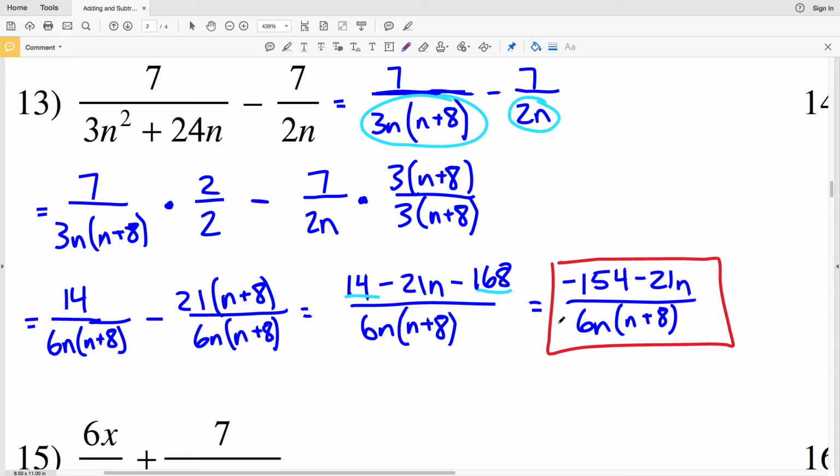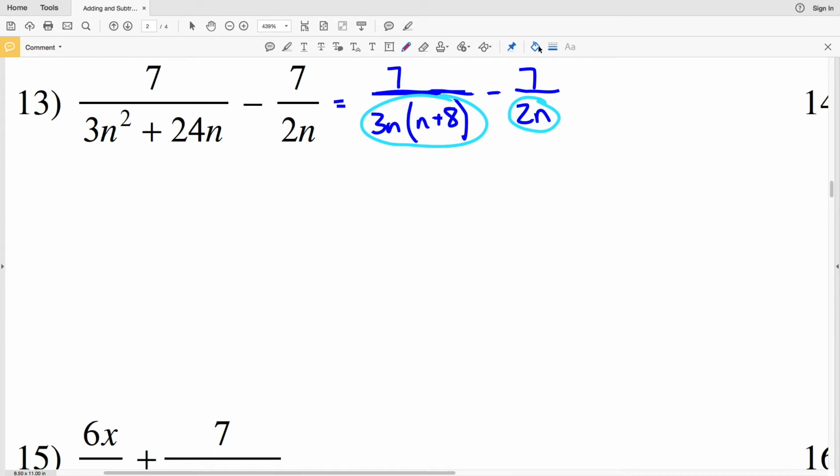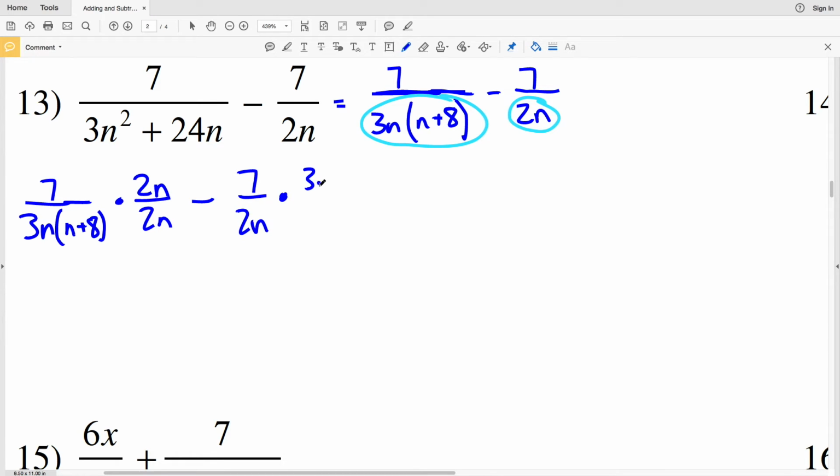Now, quickly in 13, I'm going to show you that we would have gotten the same answer if we had been multiplying by 1 like we have in the previous problems. So I'll have 7 over 3n times n plus 8, and then I'll multiply that by 2n over 2n and subtract 7 over 2n multiplied by 3n times n plus 8 over 3n times n plus 8.